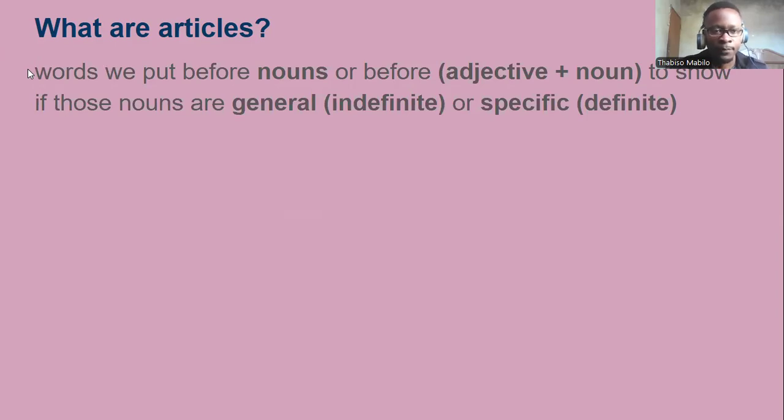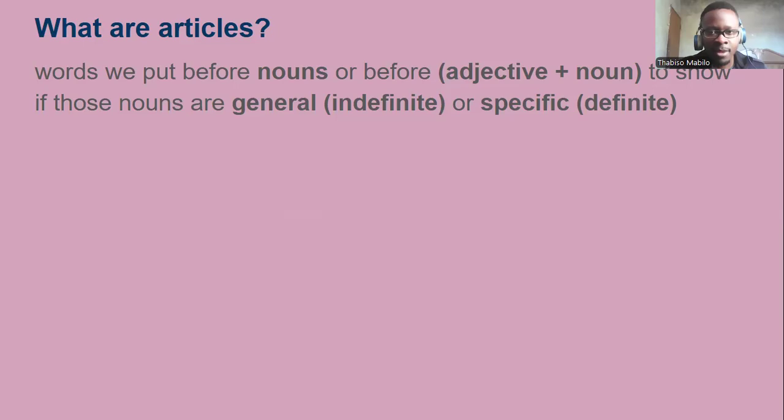By definition, articles are words we put before nouns or before adjectives plus noun to show if those nouns are general, indefinite, or specific, definite. These are the words that we put before nouns or before the combination of an adjective followed by a noun.